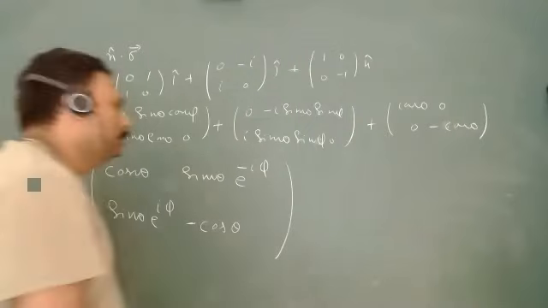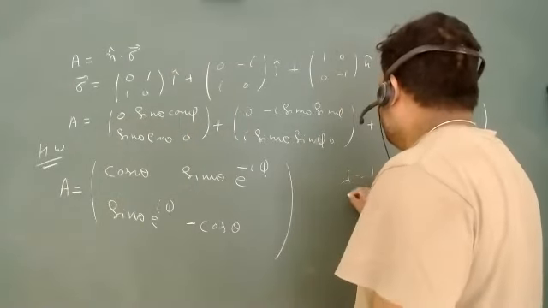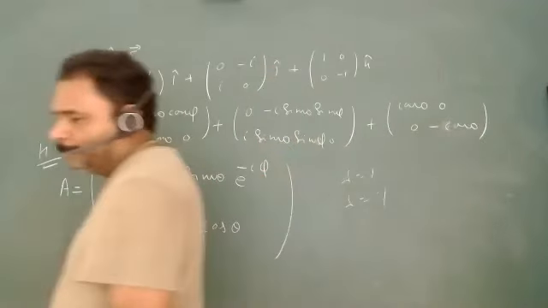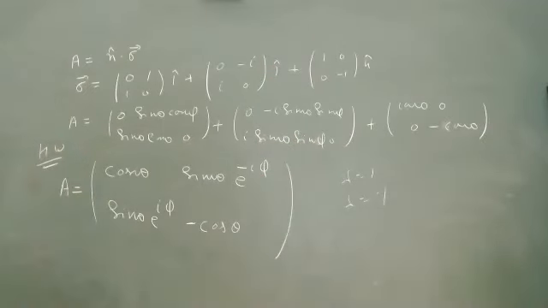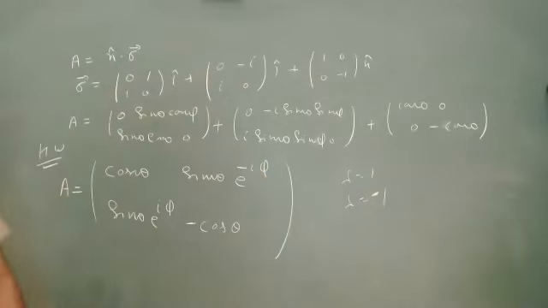The eigenvalues will be lambda equal to 1 and lambda equal to minus 1, because this is a unitary matrix, Hermitian in nature, and the determinant of the matrix is minus 1. You can check it. Just calculate the eigenvalue of this matrix as homework.